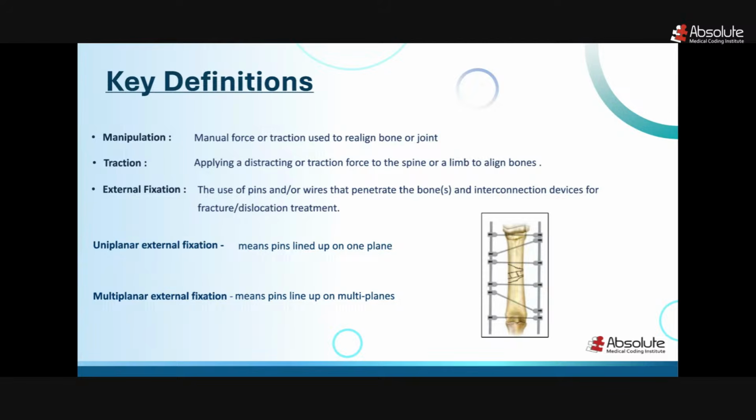So another coding tip here is that external fixation devices can be used with any type of fracture or dislocation treatment. They can be used with closed, percutaneous, or even open fracture treatment procedures. And remember, coders, codes for external fixation are reported separately only if the procedure code description doesn't already include it. Okay, so that's another important coding tip.